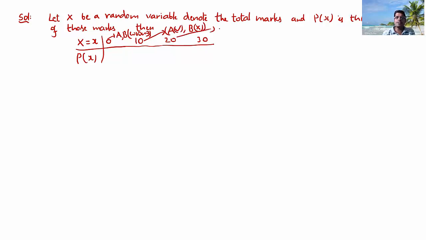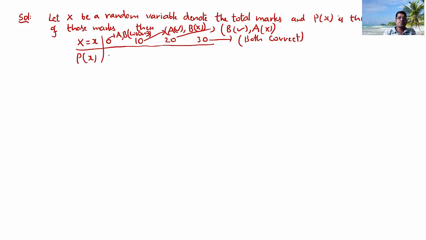For getting 20 means B is attempted first, correct, A is next, wrong. So here both are correct, in whatever order, both correct: 10 plus 20, 30.